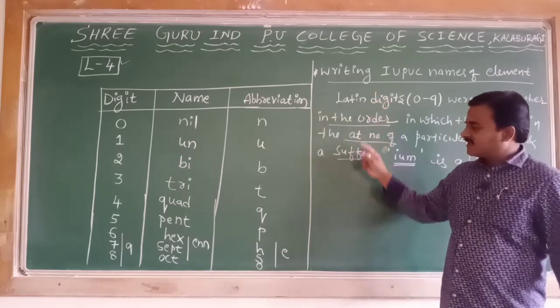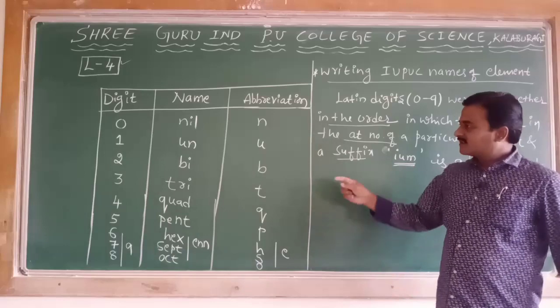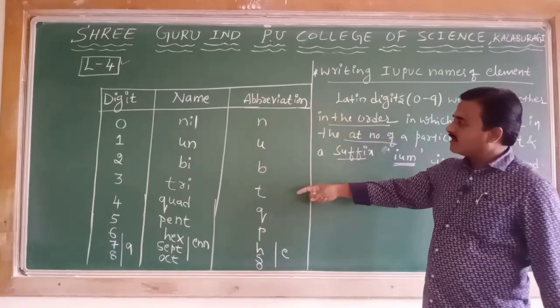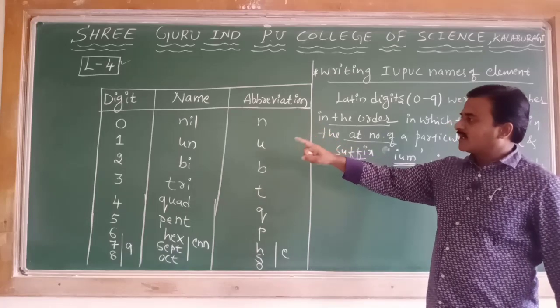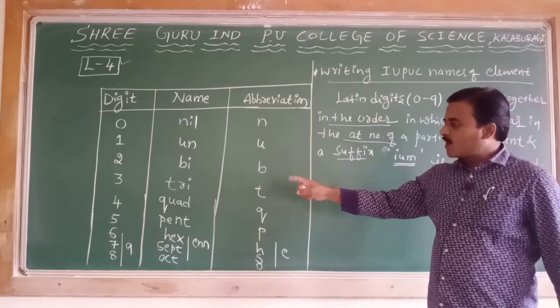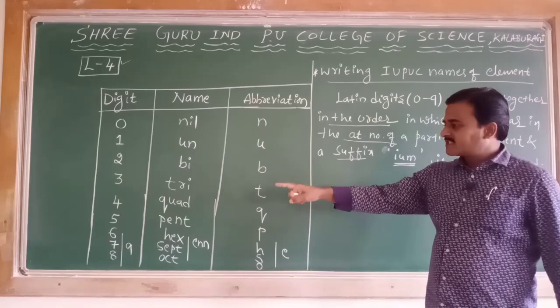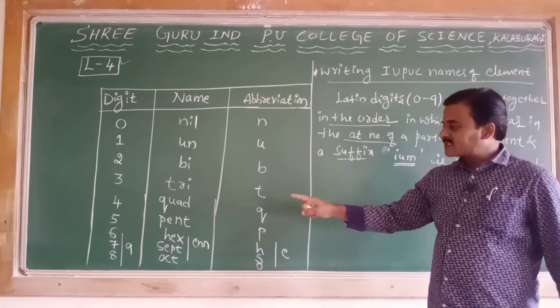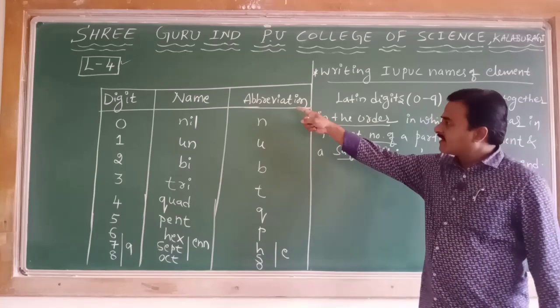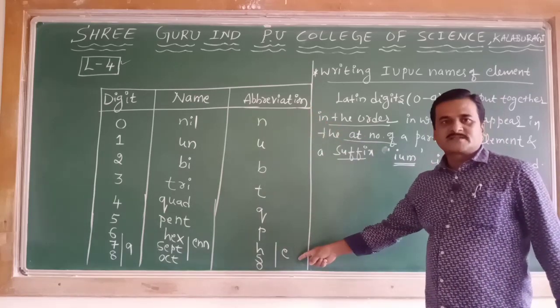But you have to remember 0 nil, 1 un, 2 bi, 3 tri, 4 quad, 5 pent, 6 hex, 7 sept, 8 oct, 9 enn, and the respective symbols.